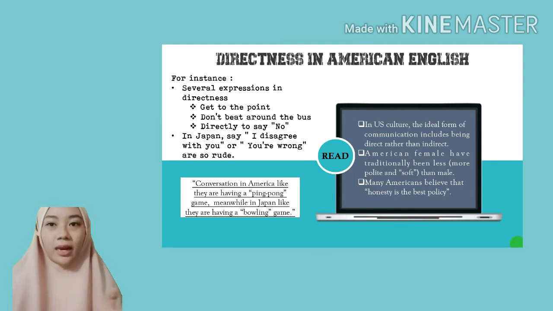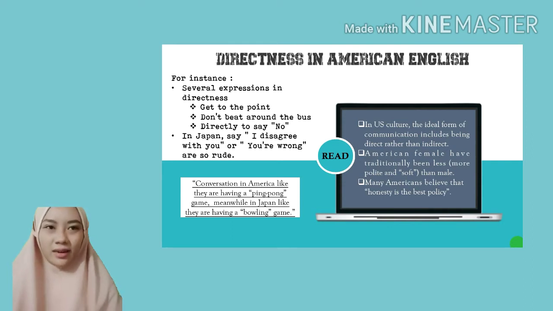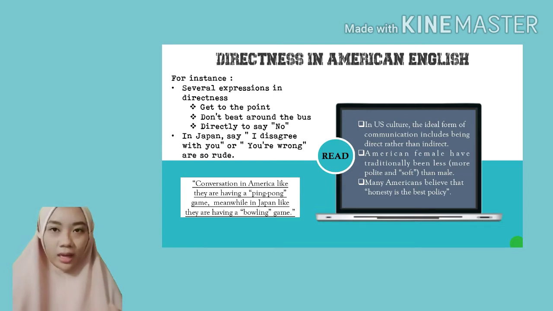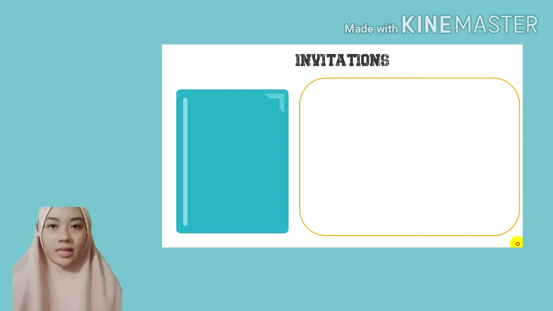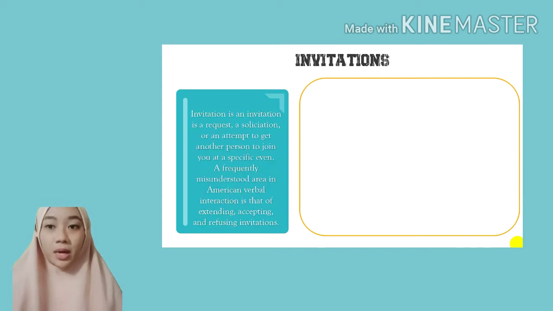Meanwhile in Japan it is like a bowling game. In US culture, the ideal form of communication includes being direct. American females have traditionally been more polite and softer than males. Many Americans believe that honesty is the best policy.